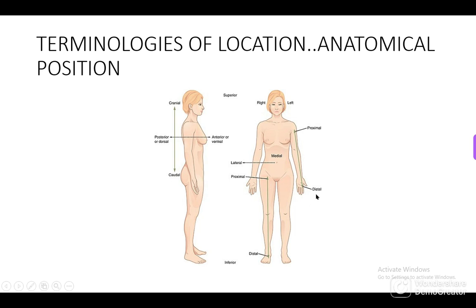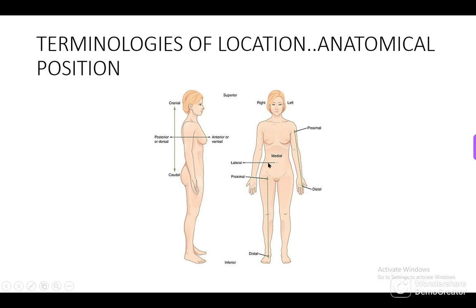The relative terminologies are used with this anatomical position: proximal to distal, superior to inferior, lateral to medial. This is the superior position, this is the inferior position. Interior to exterior, and this is a relative comparison. But you should use these terminologies in relation to the anatomical position.